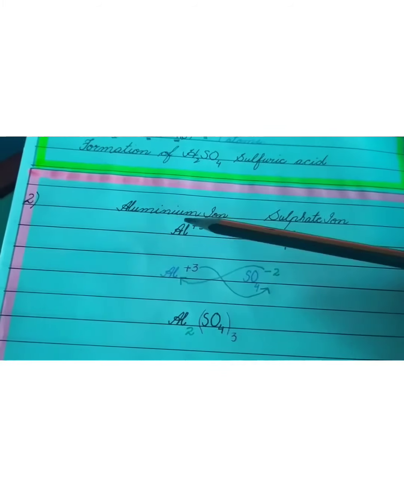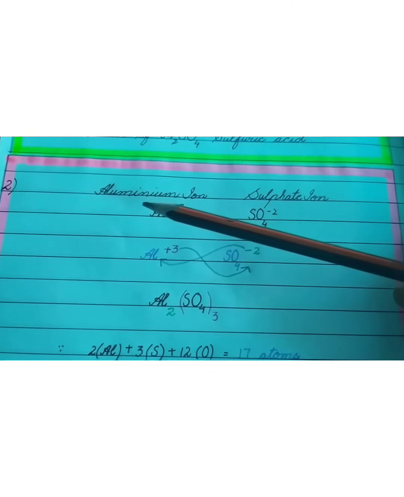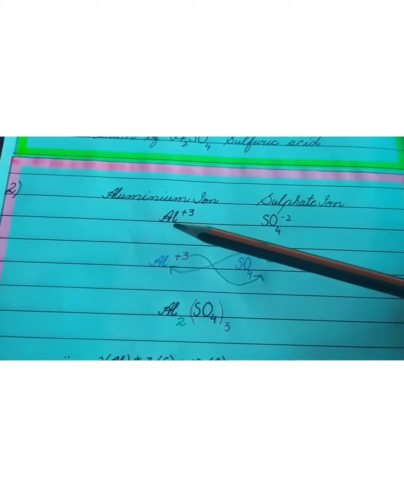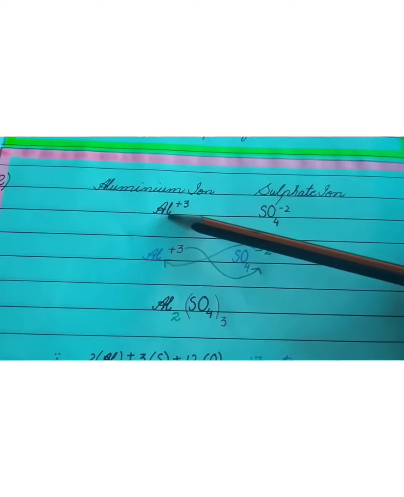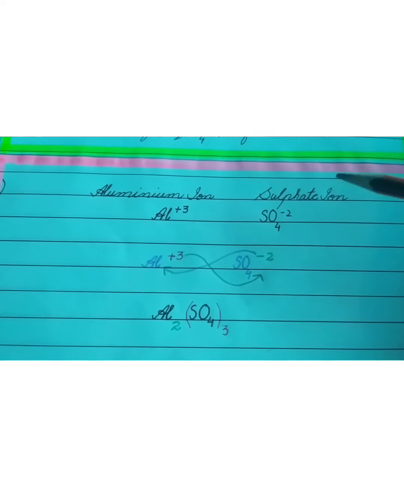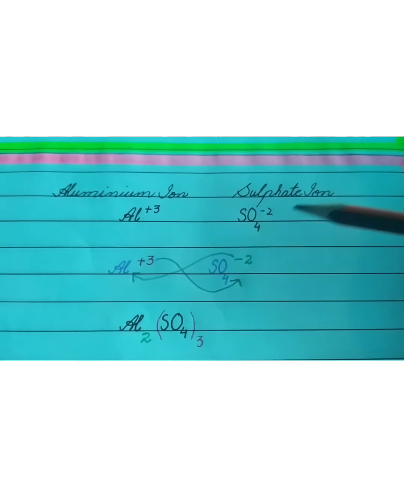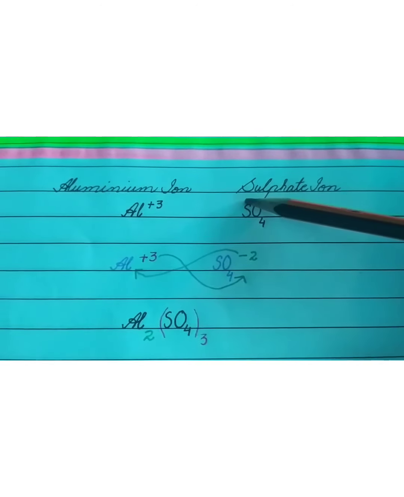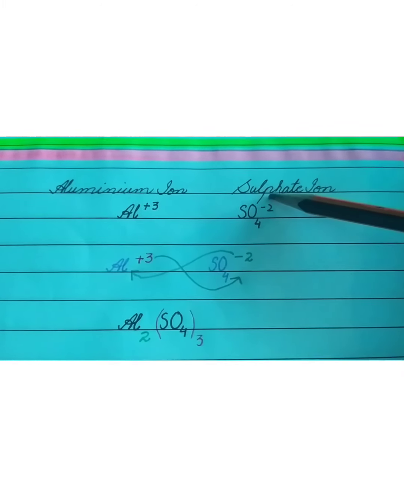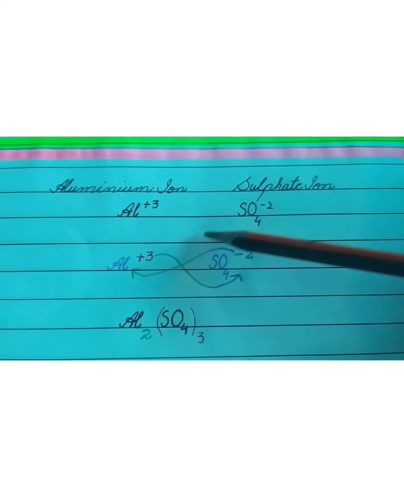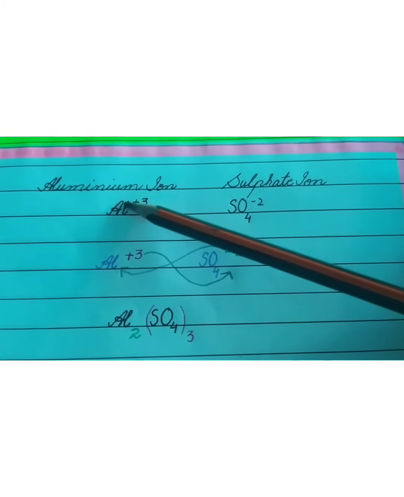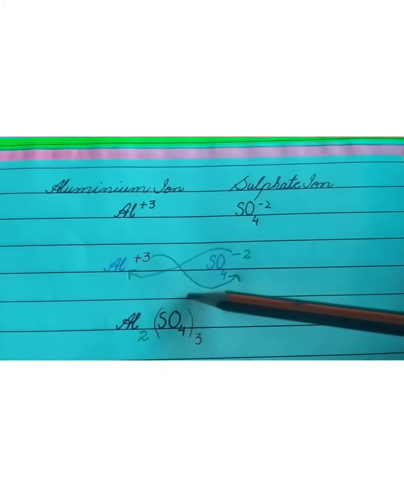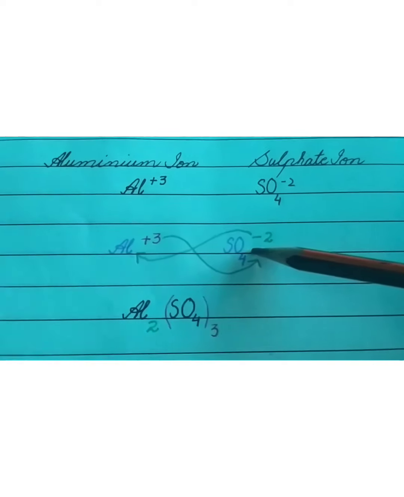Now, in aluminium sulfate, the aluminium ion has symbol Al, valency +3. Sulfate ion you know very well, SO4, valency -2. This valency will be written with aluminium, and aluminium's valency will be written with sulfate.